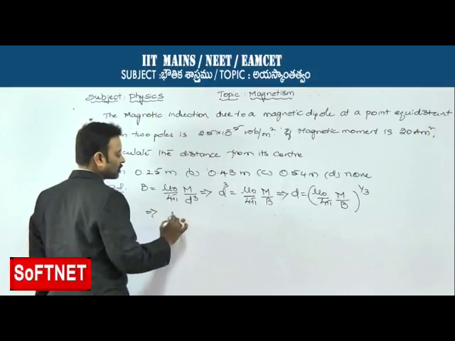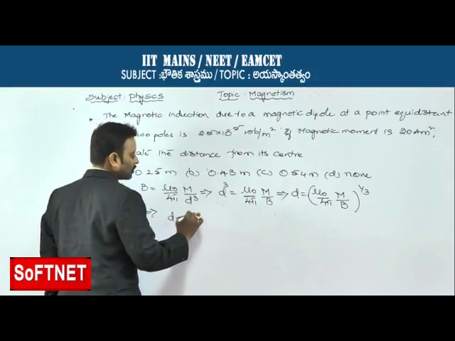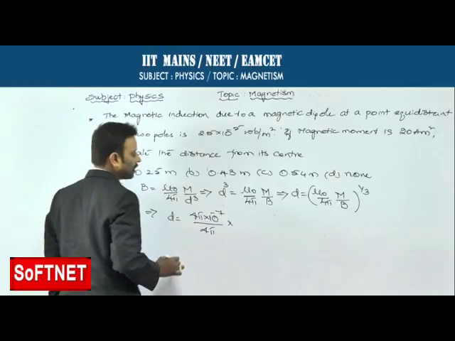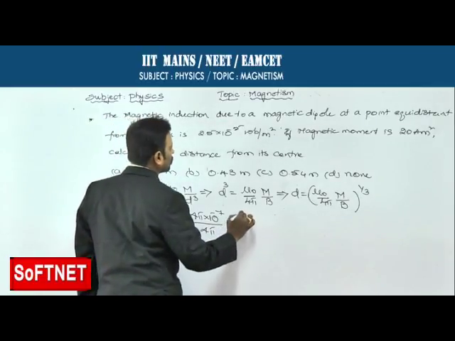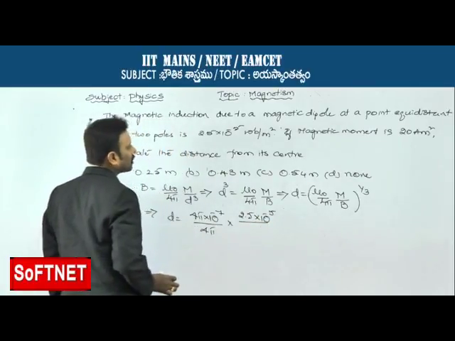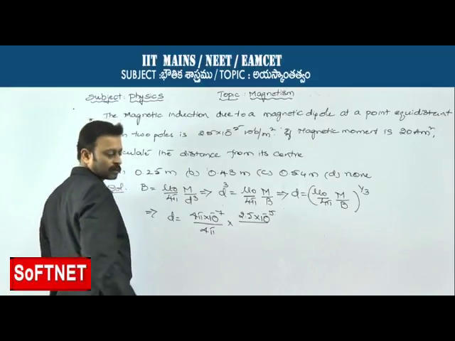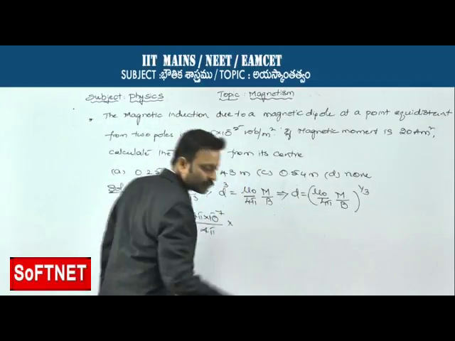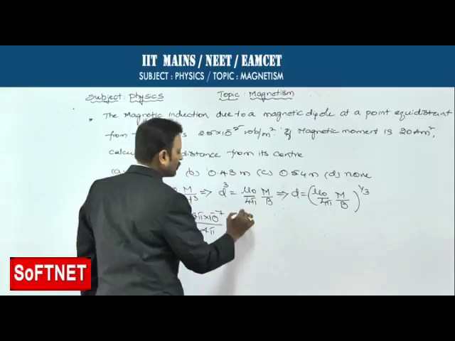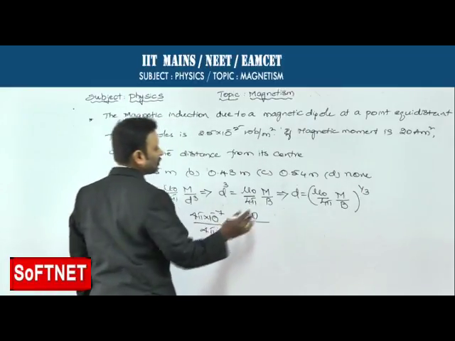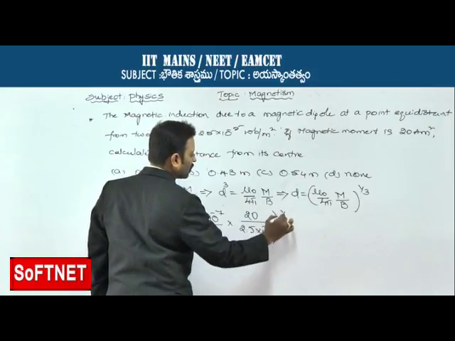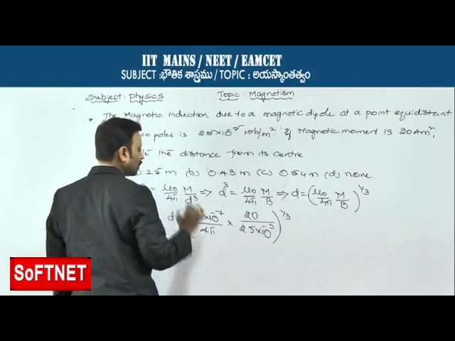So, substitute the values. d is equal to (4 pi 10 power minus 7 by 4 pi) times the magnetic moment given as 20 ampere meter square by magnetic induction, which is 2.5 10 power minus 5, whole to the power 1 by 3.